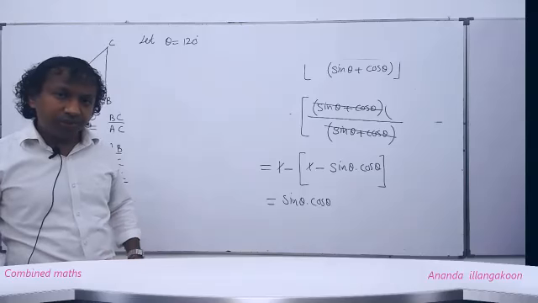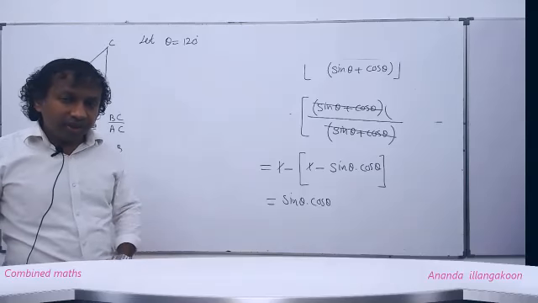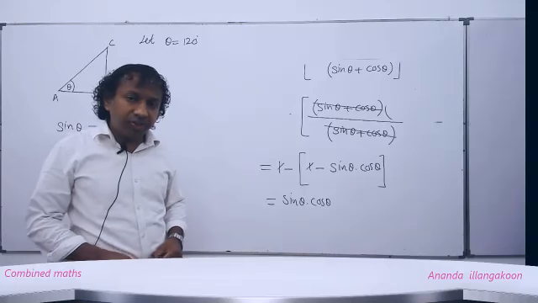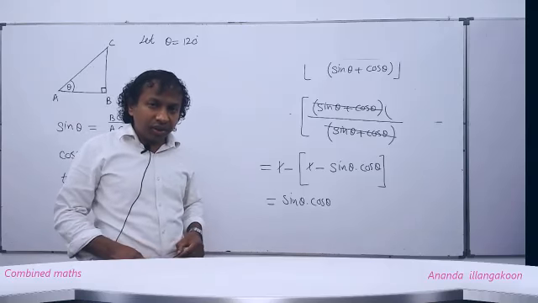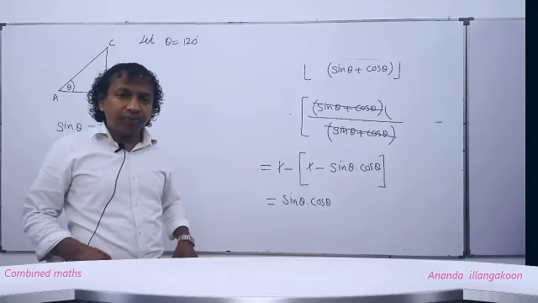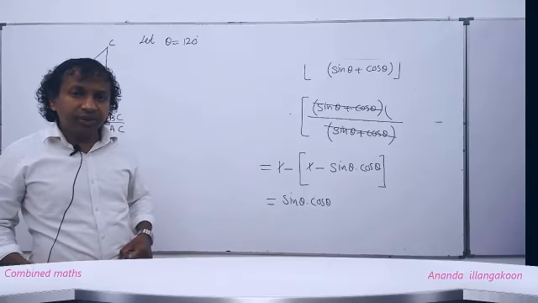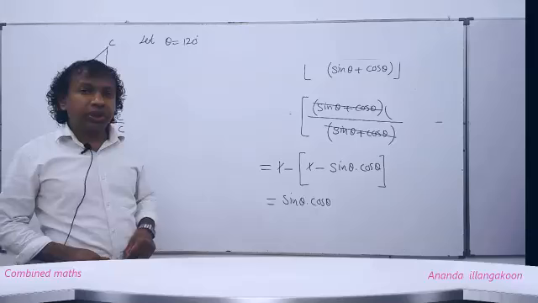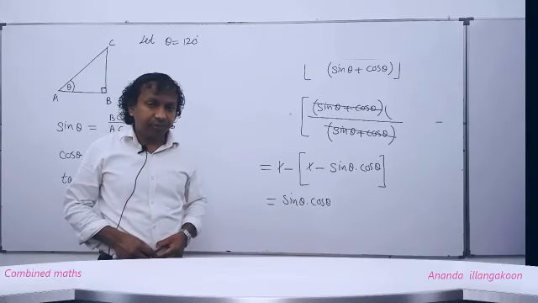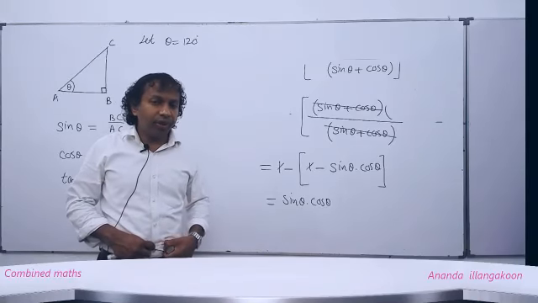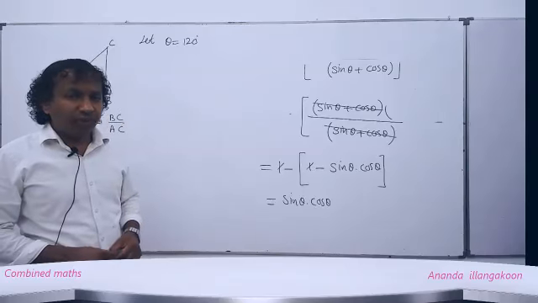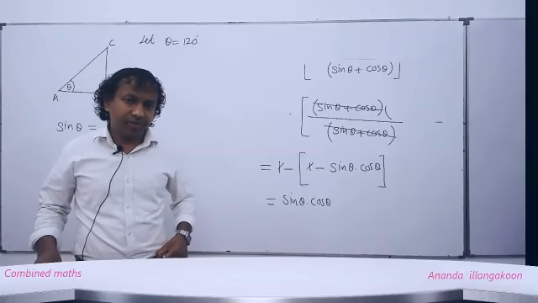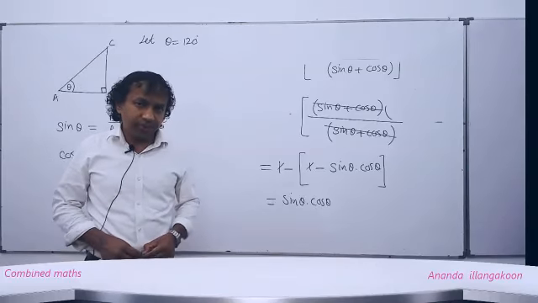Understood? That means defining sine theta, cos theta and tan theta using the right angle triangle is not a good method to define sine, cos, tan for any angle. Then to define sine, cos, tan for any angle, what is the formal definition? That's what we are going to learn.